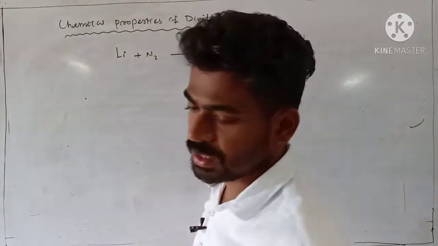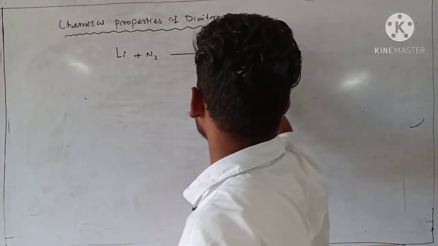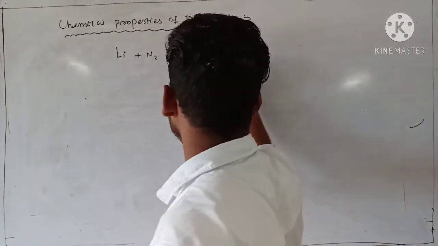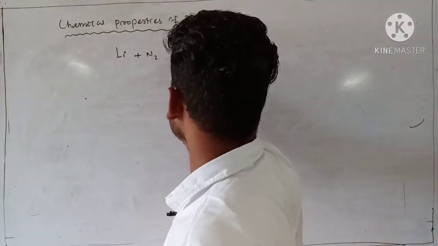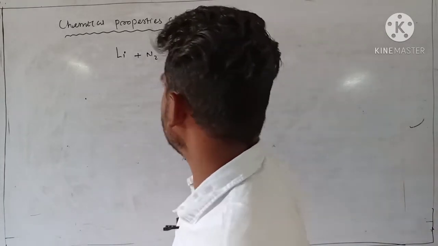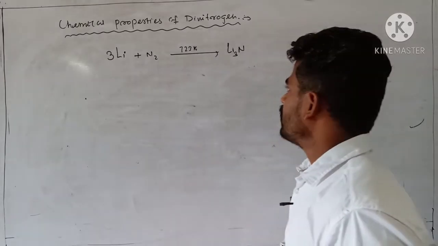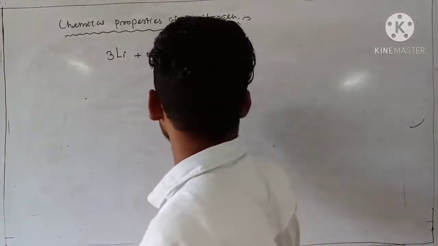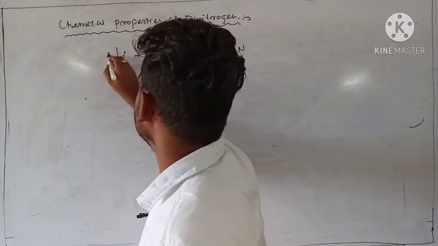What will form? Lithium nitride, Li3N. Again temperature is required, 723 Kelvin. So you balance this: 6Li plus N2 gives 2Li3N.